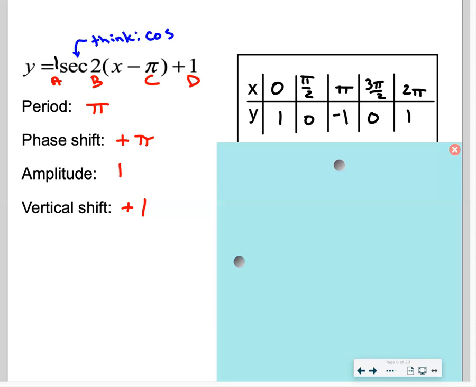All right. This is undefined. This is undefined. Wherever you see 0, you're going to write U for undefined.